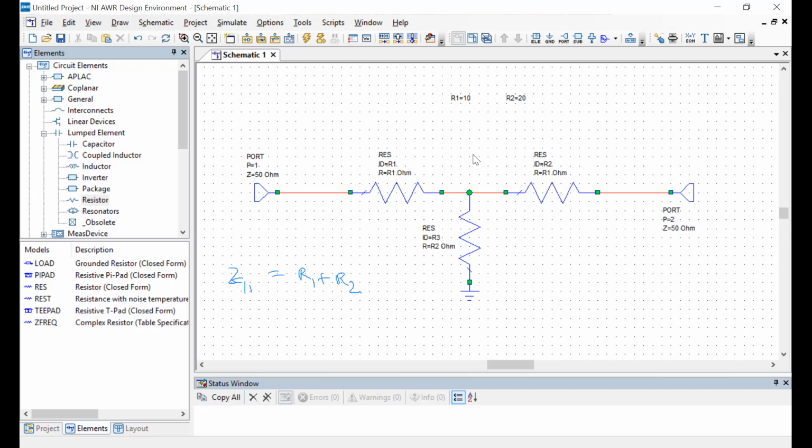And this is now also going to be equal to Z22, because this is R1 on both sides. And then Z12 is going to be equal to Z21, and it's going to be equal to R2.